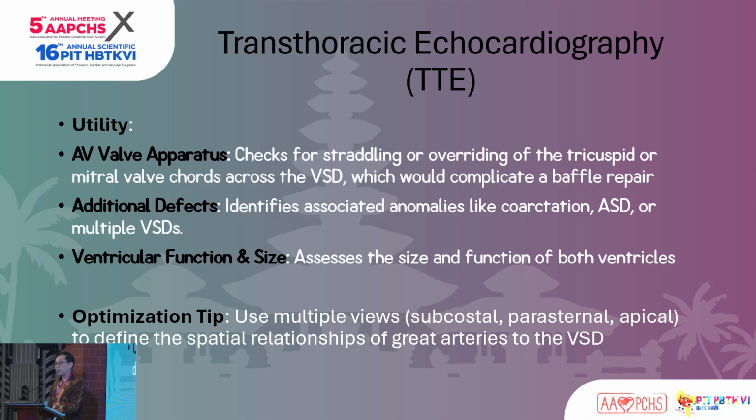And this actually can complicate baffle repair. There are additional defects that echo can see, and we can also assess the ventricular function as well as size. Hence, the optimization tip is actually to use multiple views to define the spatial relationship of great arteries to the VSD, and sit down with the cardiologist to go through the anatomy before we go for surgery.